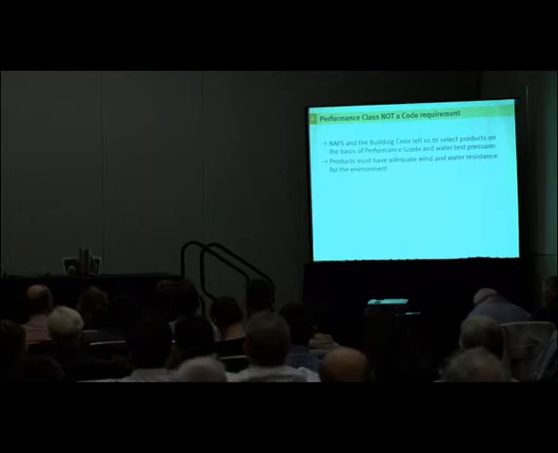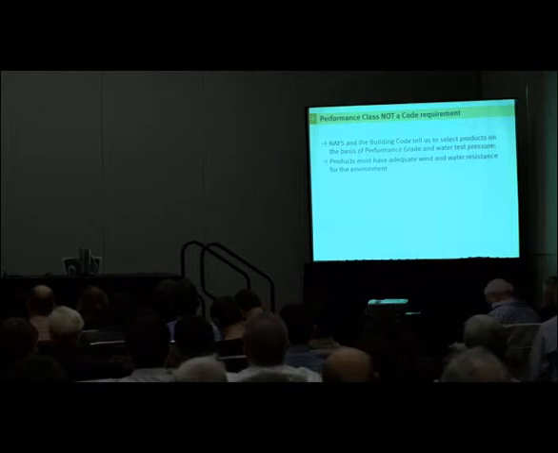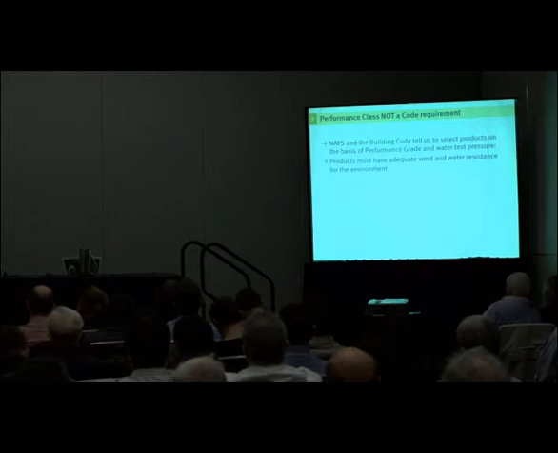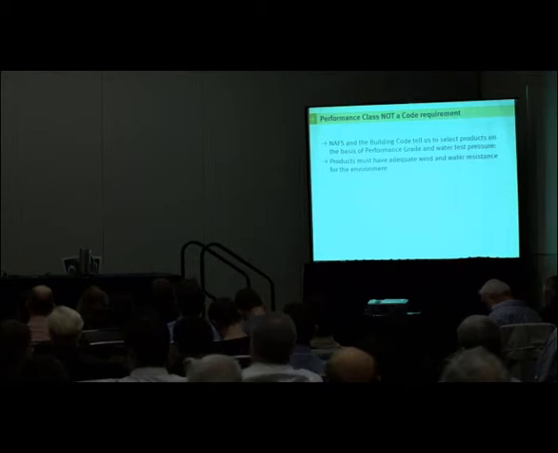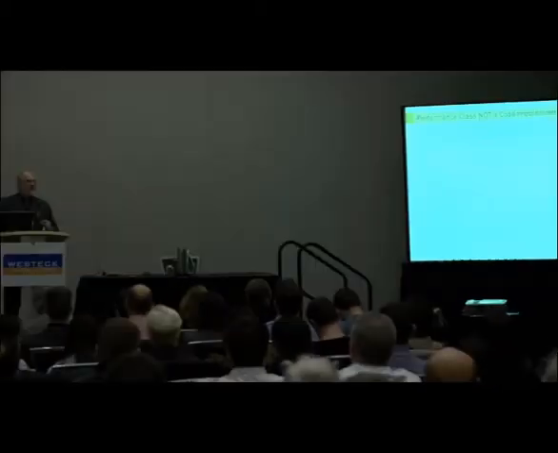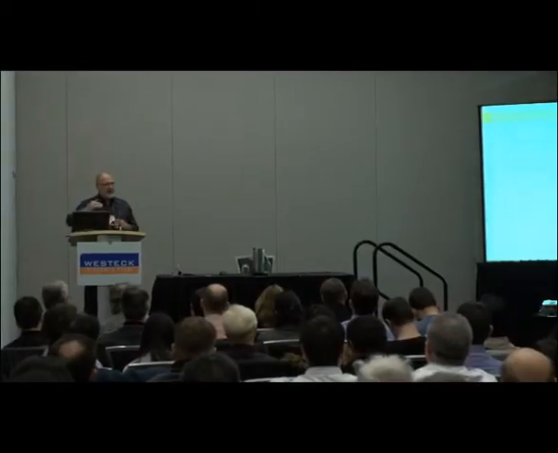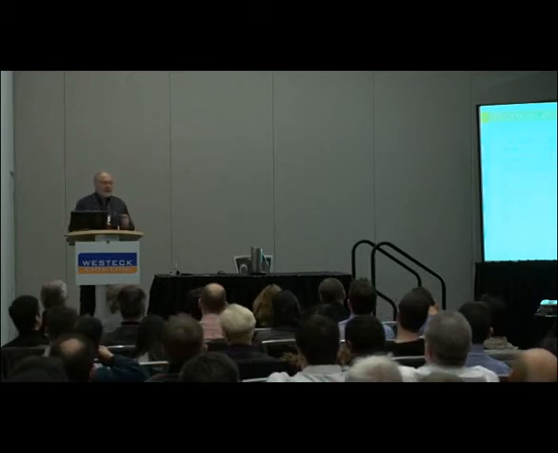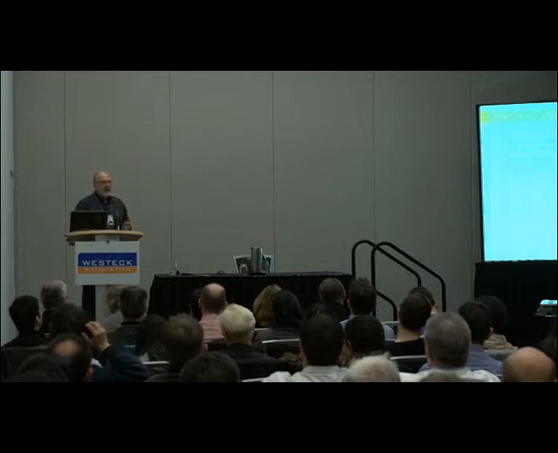Now, performance class is not a code requirement. So you need to be really clear about that. NAFS has given us a property called performance class. You have to use it when you're testing products. When you're testing a product under NAFS, you have to determine which performance class it falls into based on how it passes a series of tests. So the standard requires us to classify products according to these classes, but the building code doesn't require us to use that property.